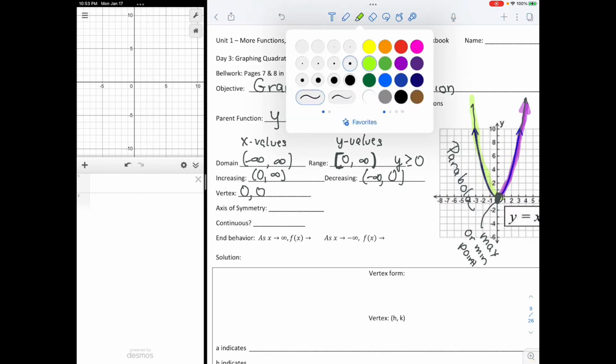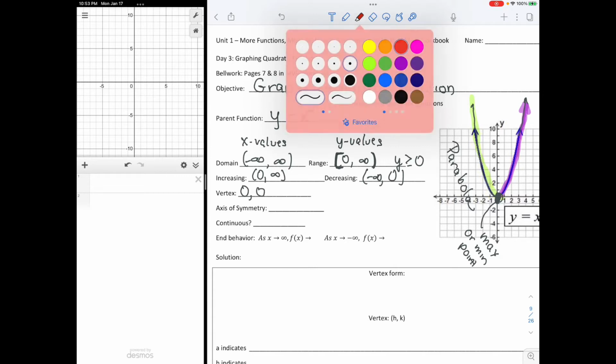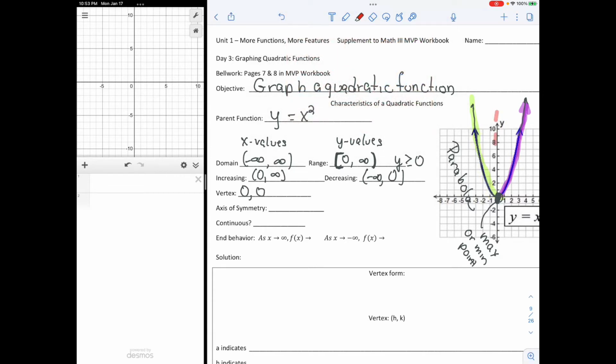The axis of symmetry is an imaginary line that divides the graph into two equal parts. Two symmetrical parts, an axis of symmetry. So we see that our axis of symmetry is the y-axis, and it's always written as an equation, so we're going to say x equals 0. All quadratic functions are continuous.